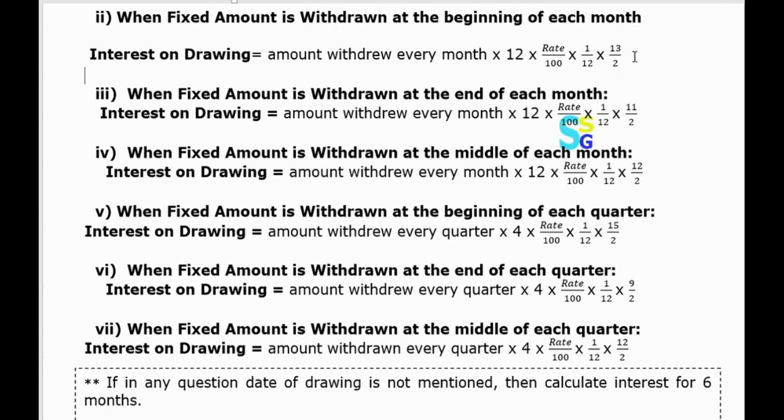It is not that I just said so. We can easily prove this mathematically, but here I am not going to explain the whole calculation. I just want to tell you how you can get this 13 by 2, and it is very simple. Let me show you.